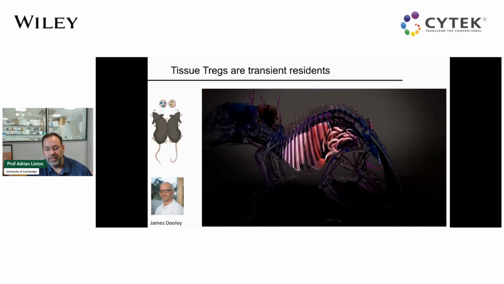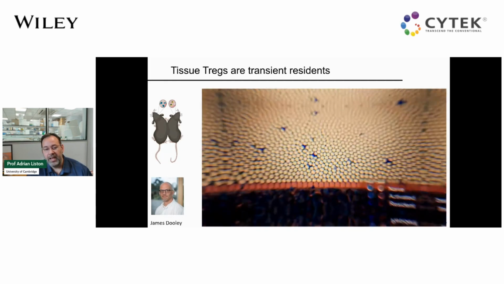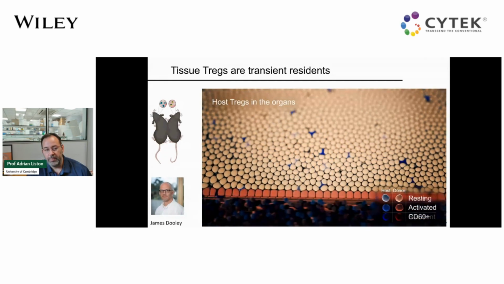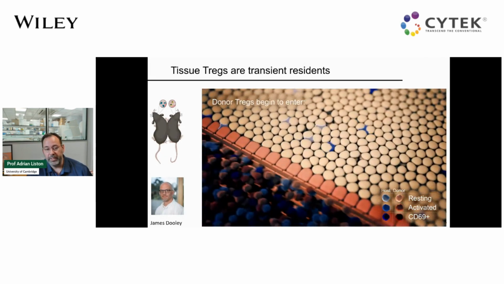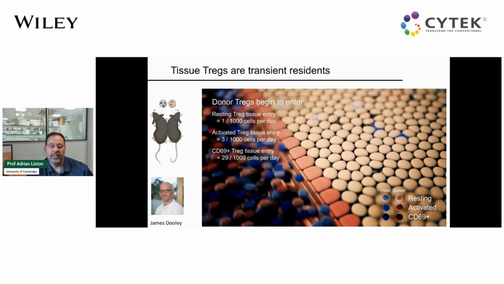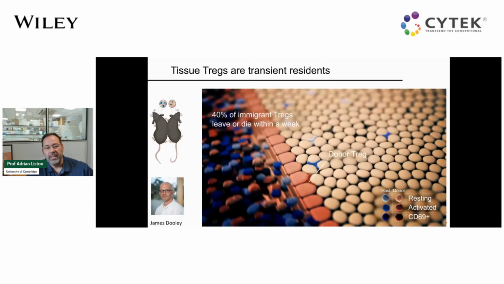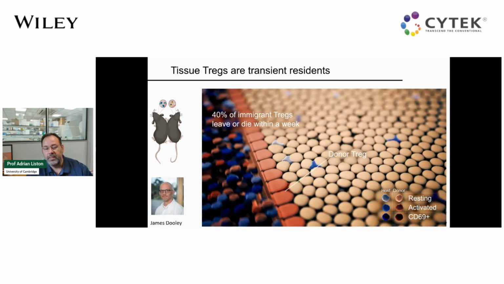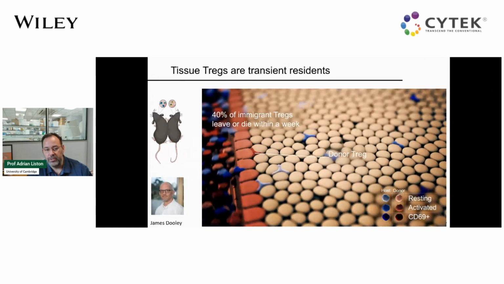You've got this mixture of cells. We can then take down the mice at different time points post-parabiosis, look at multiple different organs, and try to calculate the rate at which regulatory T cells from the blood displace the population that is present inside the tissue.